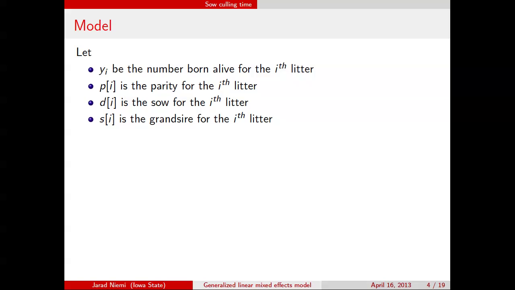All right, so then our model. Here we're going to assume, conditional on the parity, the sow, and the grandsire, that all the number born alive are independent. They're Poisson distributed with a mean that's going to depend on the parity, sow, and grandsire. We have a total of n observations here. Again, that was about 3,000.